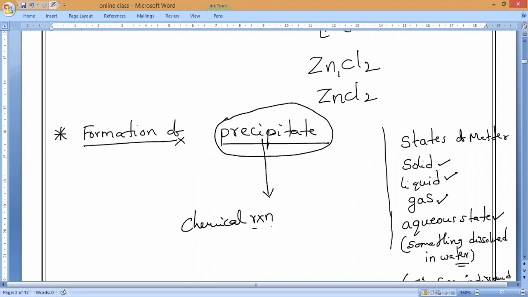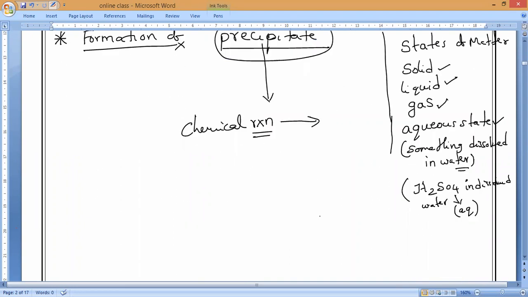After the reaction, some insoluble solid will form at the bottom of the beaker or container.